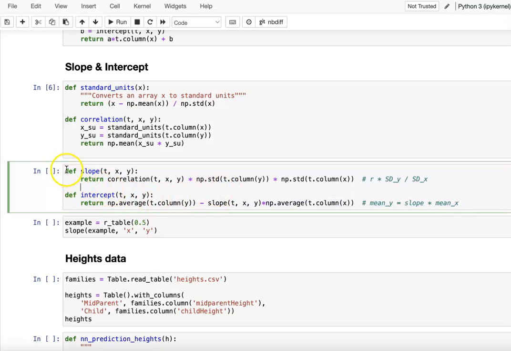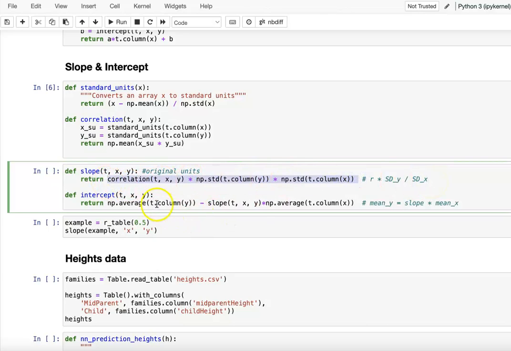So basically, the slope is what we talked about earlier. This slope is for the original unit, according to the table you provide, with the two attributes you need. Remember our slope that we showed earlier: it is the correlation times the standard deviation of y divided by the standard deviation of x. That's how we implement the function.